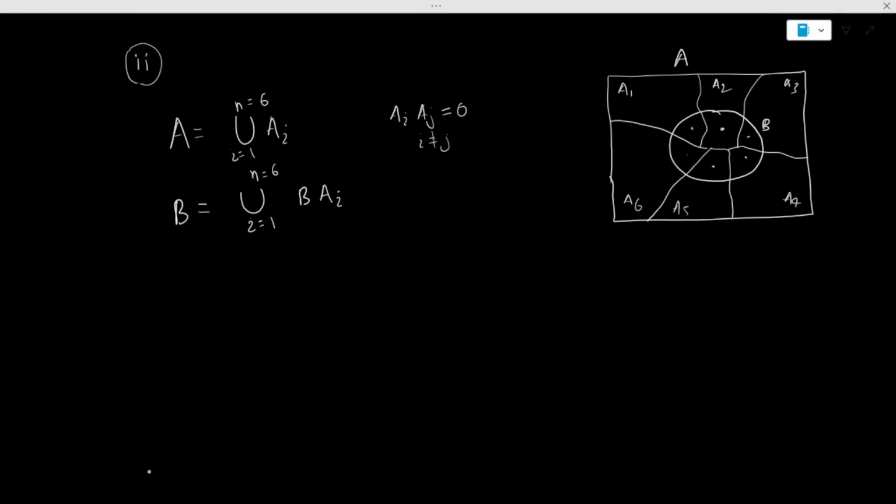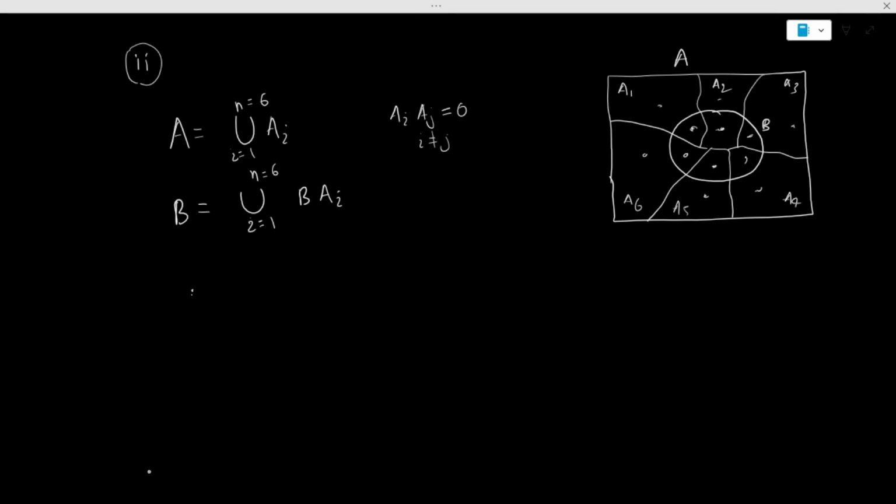If we add these regions, that will give us B. Let us calculate the probability of B. They are mutually exclusive events as well. We don't see any overlapping region in B, just as in the parts of A.